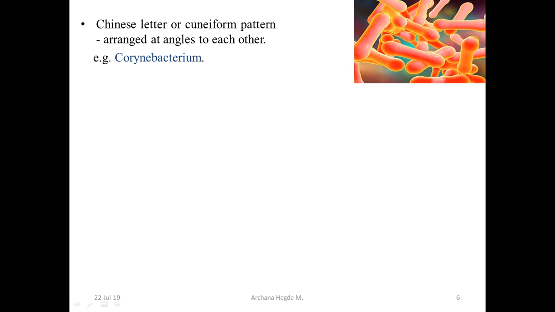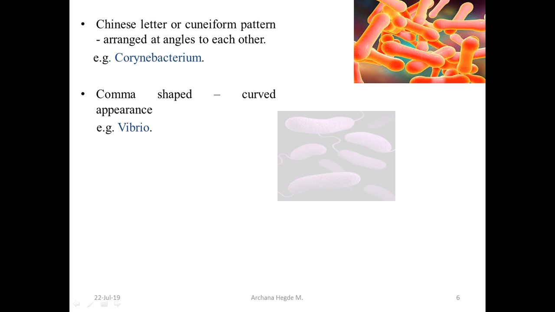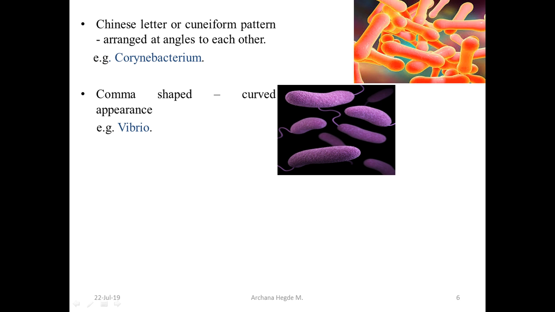Coming to the next, Chinese letter arrangement, at angles to each other. Cuneiform pattern, example Corynebacterium. This is the shape. You can see at the end it is like a round shape, but in the middle it is a straight rod shape. Next, comma shaped or curved appearance, example Vibrio. You can see Vibrio cholerae, the causative organism.